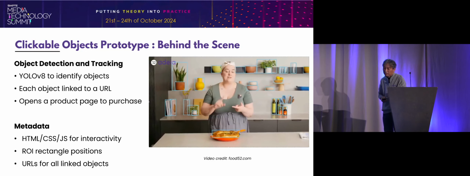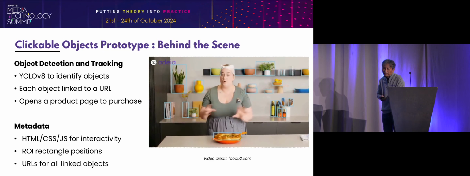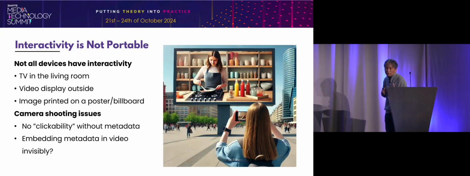Now, if you see this video on a computer screen, cell phone, or tablet, you can interact with your mouse or with your finger. But what if you encounter this video on an outside video billboard or TV in your living room? You cannot do anything because those devices don't have interactivity.